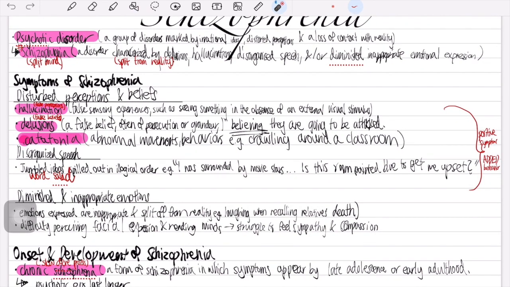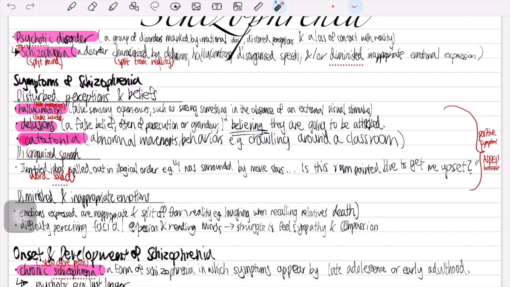So there are many types of symptoms of schizophrenia, and one of the main symptoms is disturbed perceptions and beliefs. So specifically, as we mentioned, hallucination, which is false sensory experiences, such as seeing something when in actuality there isn't anything there.